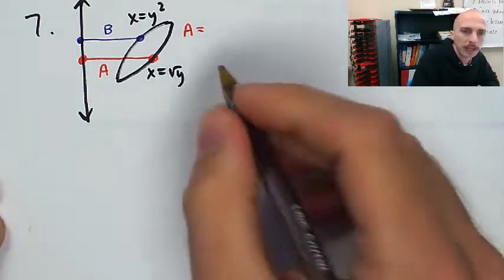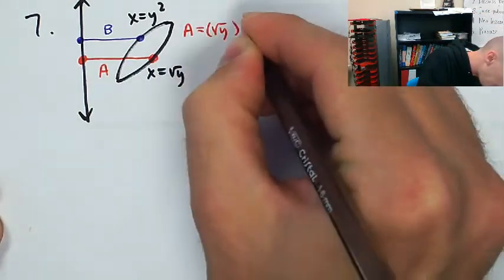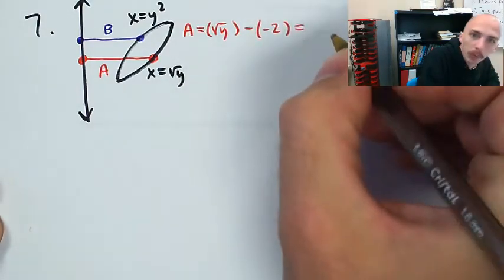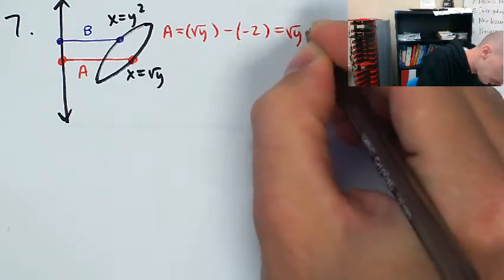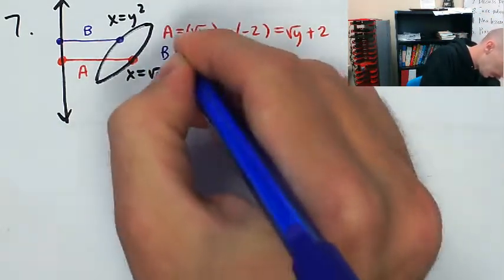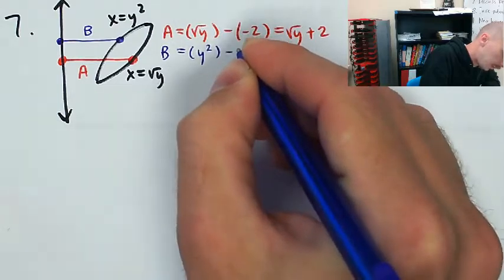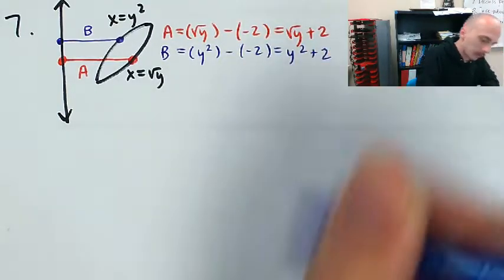Okay, so A is right minus left: x equals square root of y minus x equals -2, and that's going to be square root of y plus 2. So I can get that in there. And then B is going to be right minus left: x equals y squared minus x equals -2, which is going to be y squared plus 2.